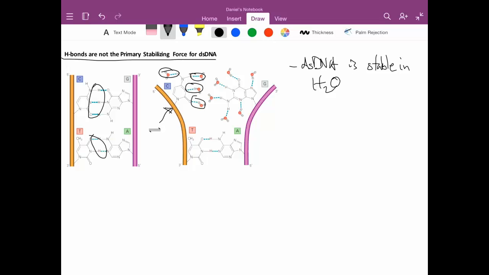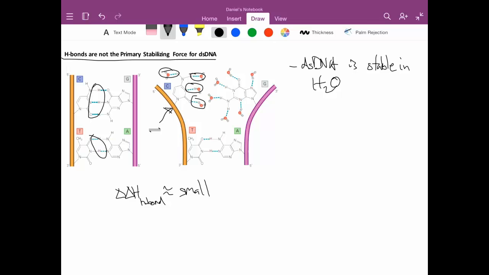So because of that reason, we know that the delta-delta H, due to hydrogen bonding, is actually very small for the formation of double-stranded DNA, and is not the primary factor.